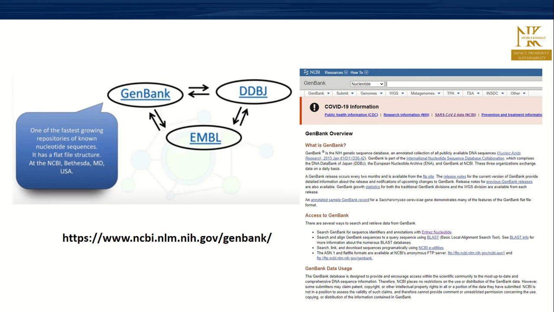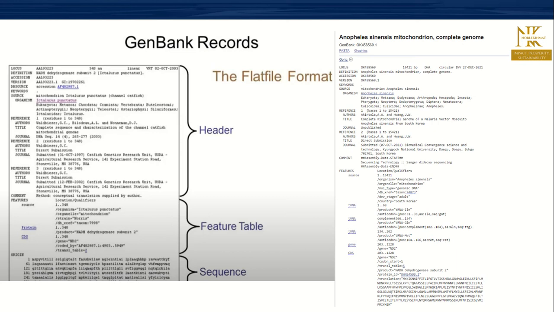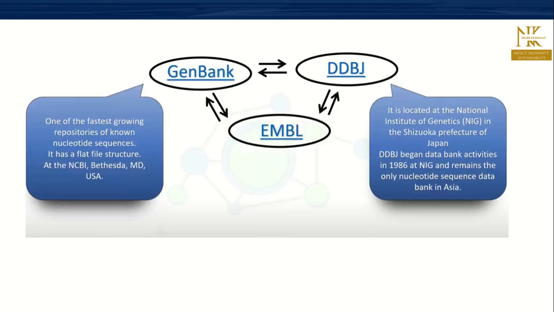While EMBL, this is an example of the flat file format of GenBank. And DDBJ is the Japanese part of GenBank, NCBI.